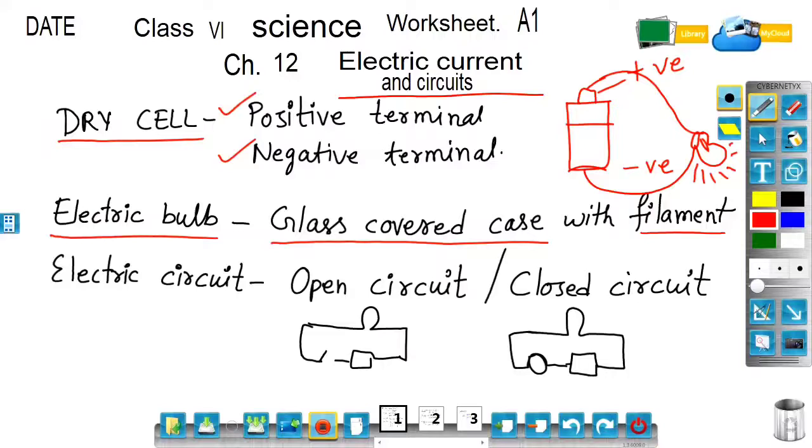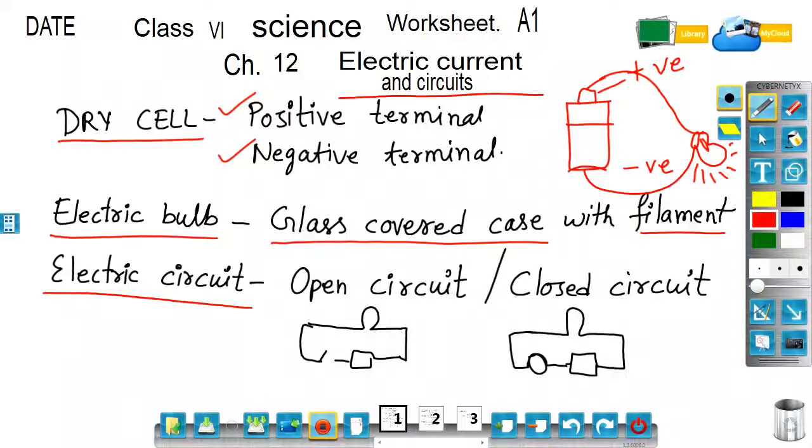Now the next topic is electric circuit. Electric circuit is the path through which electric current flows. The flow of electric current in a circuit is caused by the flow of electrons through the wires. Electrons flow from the negative terminal towards the positive terminal.